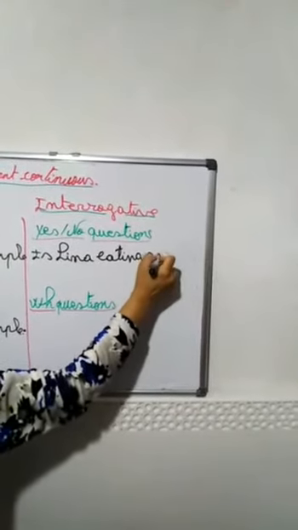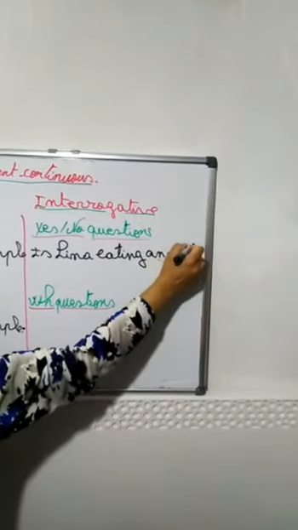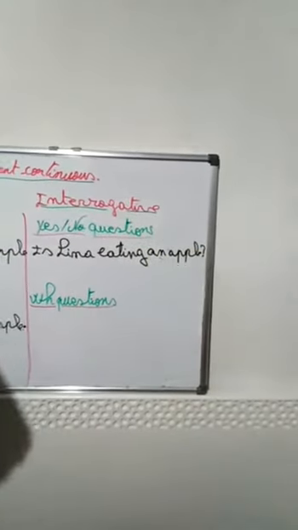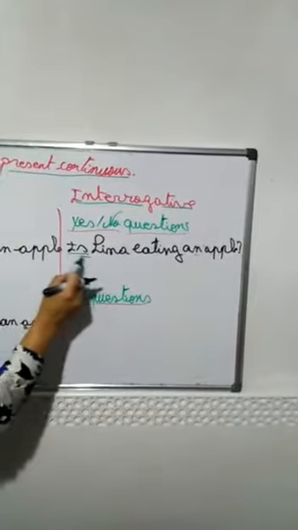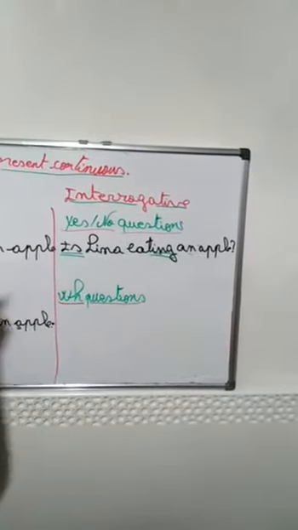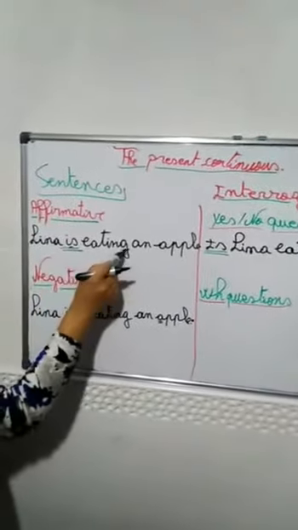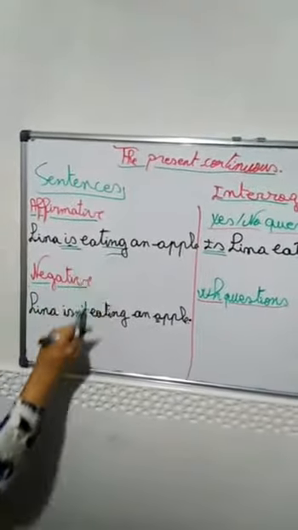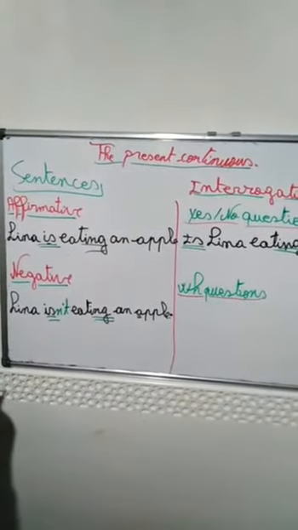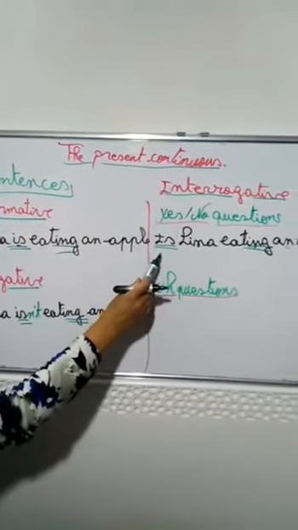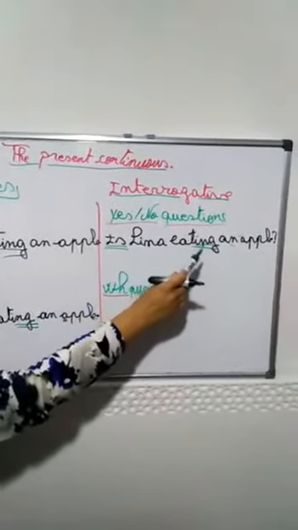So here I always use the present continuous in my sentences. Always we respect the rule of the present continuous. So, is Lina eating an apple?